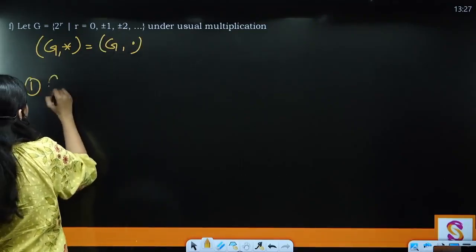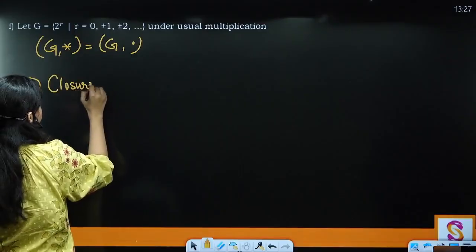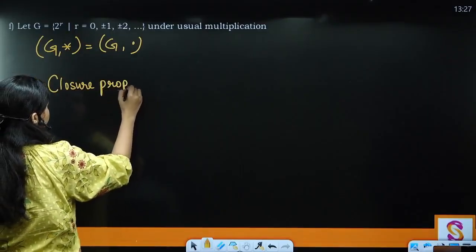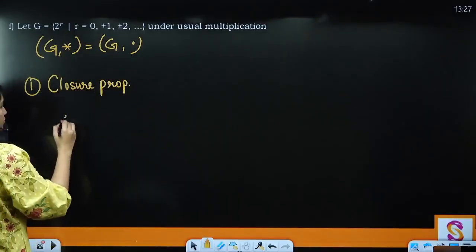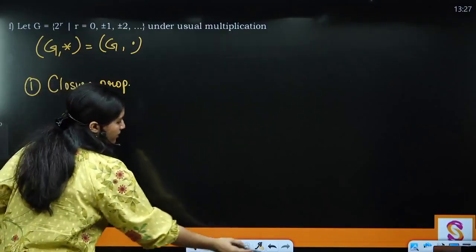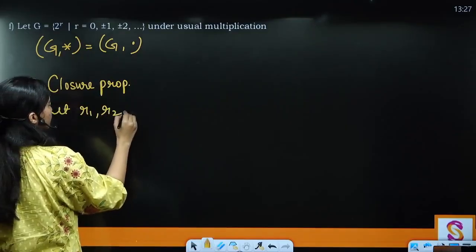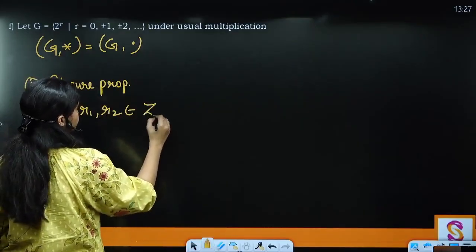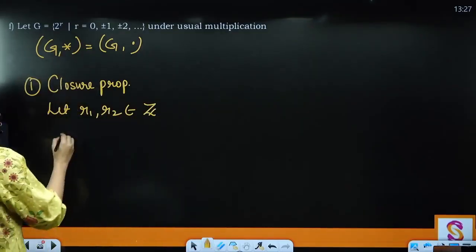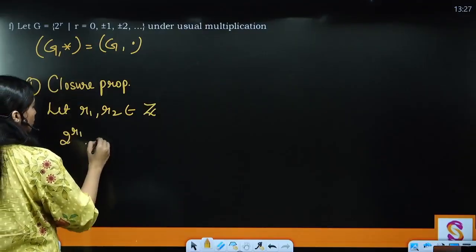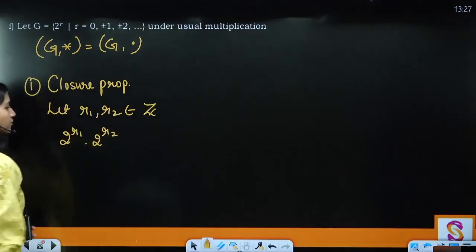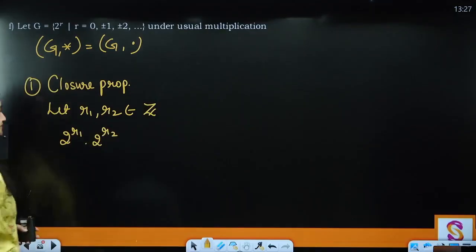Now first one is your closure property. So let R1 comma R2 belong to Z. Now 2 to the power R1 dot 2 to the power R2 are going to be the two elements of the set, right?